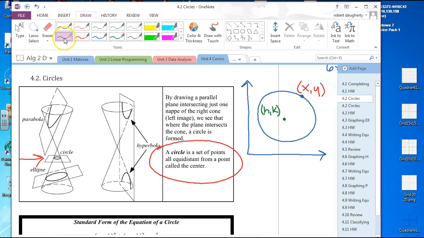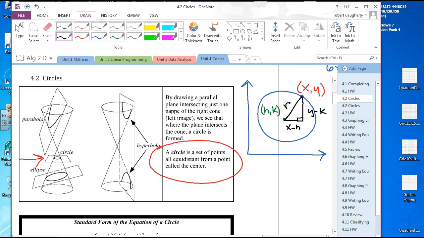Well, what you can do is construct a right triangle. What's the distance from H? If you look at the bottom of this triangle, that distance is just X minus H. And if you look at the vertical leg of that triangle, that distance is Y minus K. And if we look at the hypotenuse, we typically call that the radius.